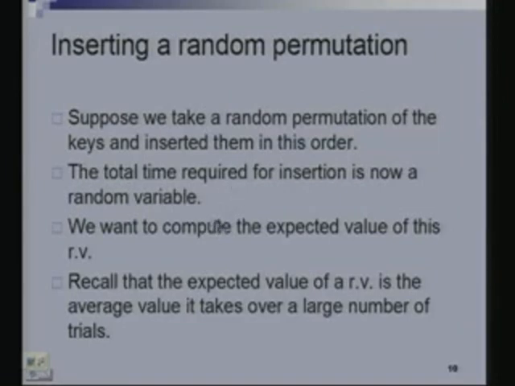And for random variables, we compute the expectation of the random variable. So recall, what is the expectation of a random variable? If a random variable takes many different values, then the expectation is obtained by taking the average, if the probability of each value is the same.